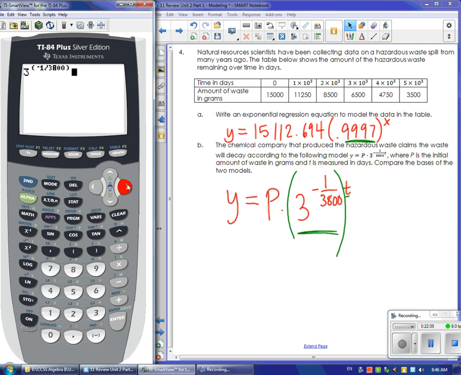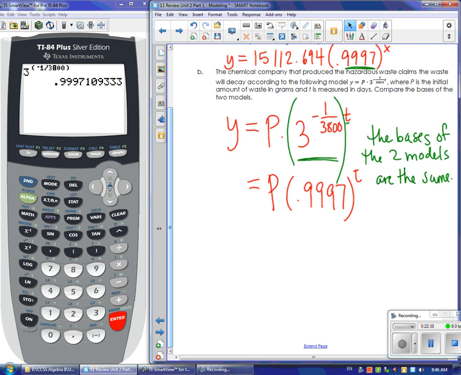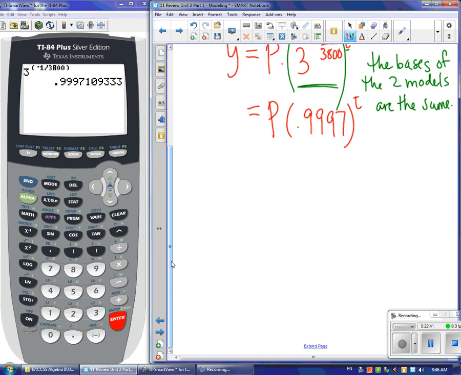Pull that out of the exponent, and when I press enter, what do you notice? The bases are the same.